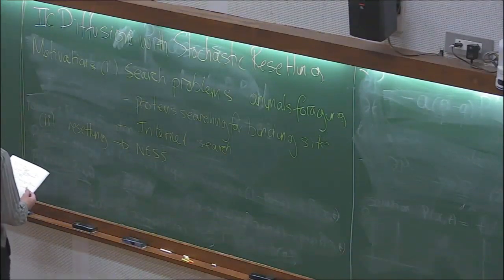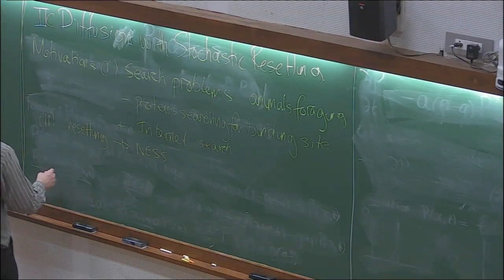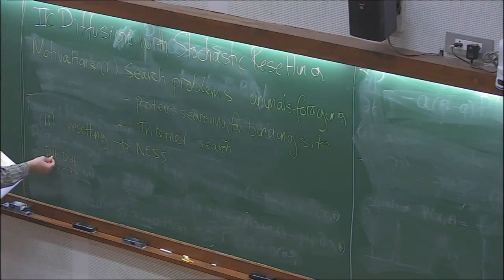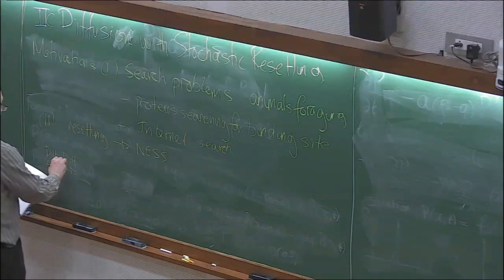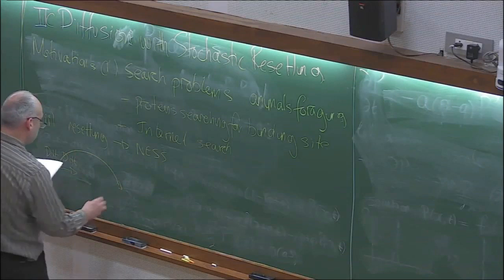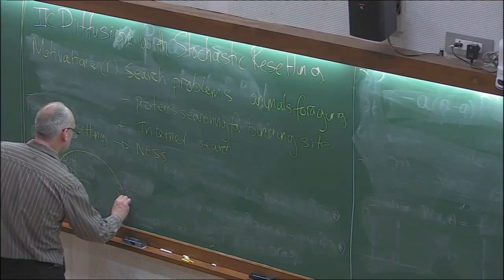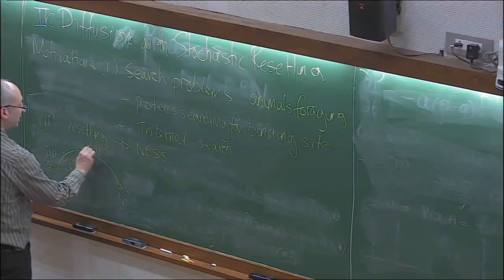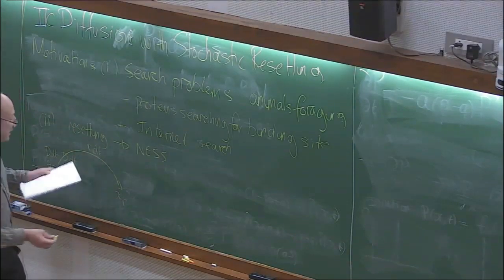so the model, I'm going to have my diffusive particle again. Let's write it now directly as a diffusive particle in continuous space, so it's going to the right or left with rates D dt. And then let's say it goes back to the reset position in time dt with a probability r dt. So r is the resetting rate.